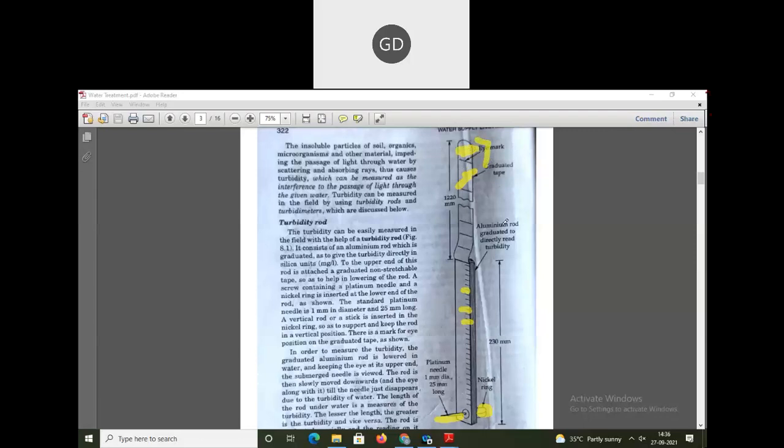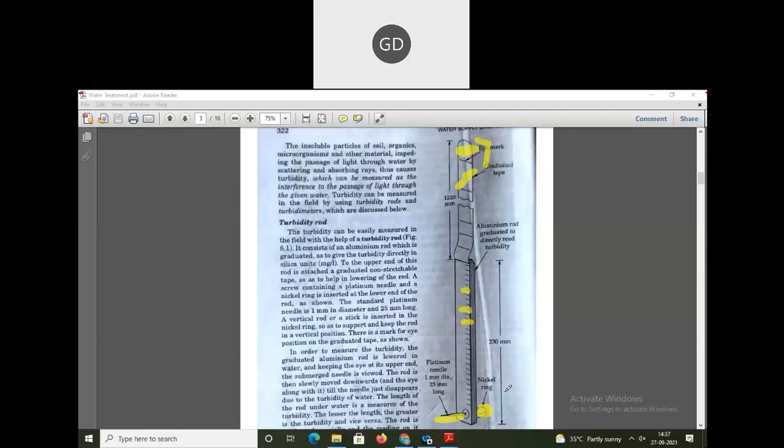So what is done is that this whole aluminum rod, the turbidity rod, is immersed in the water and you have to keep your eye at the upper end of the rod. Then you submerge the needle in the turbid water.